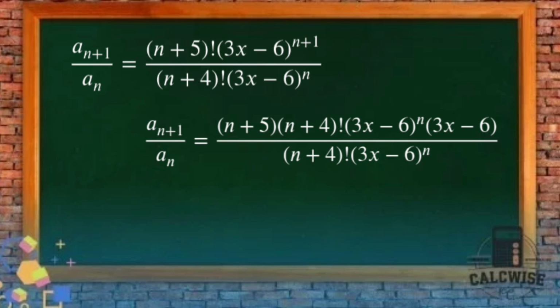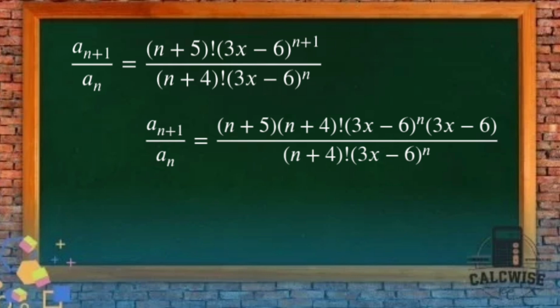And we're going to expand this (n plus 5)!, so n plus 5 times (n plus 4)!, and then distribute this exponent: (3x minus 6)^n times (3x minus 6)^1.